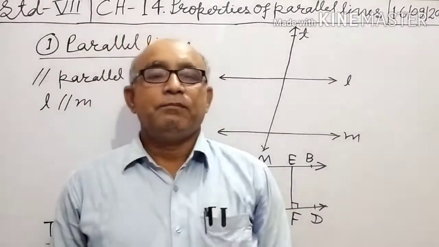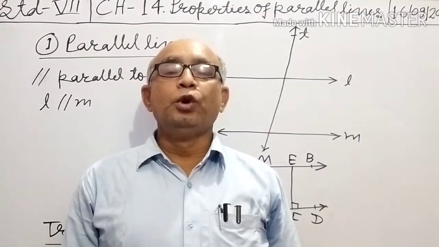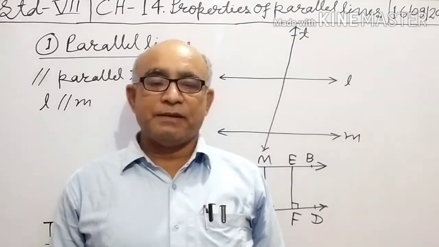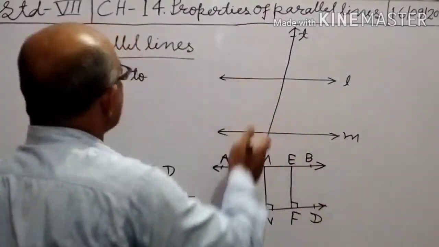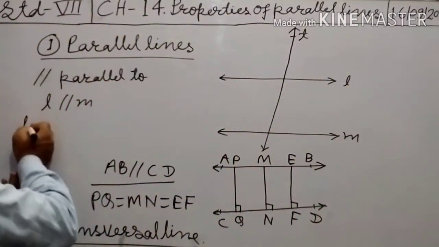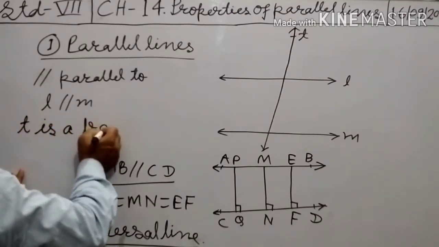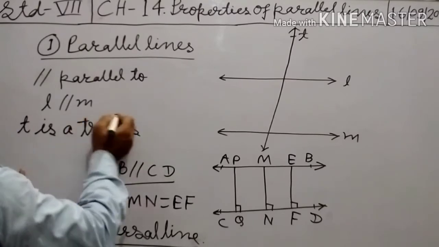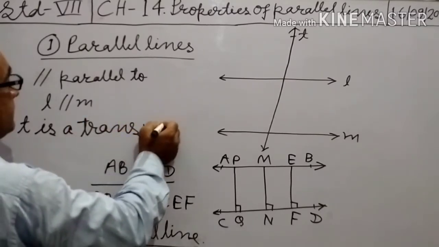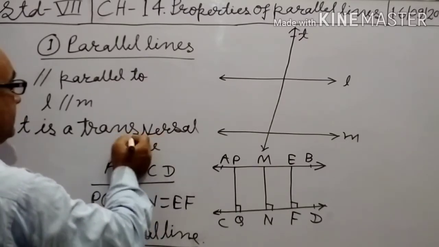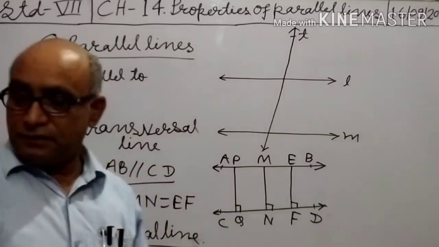A line which intersects two lines at distinct points is called a transversal line. So T is a transversal line.